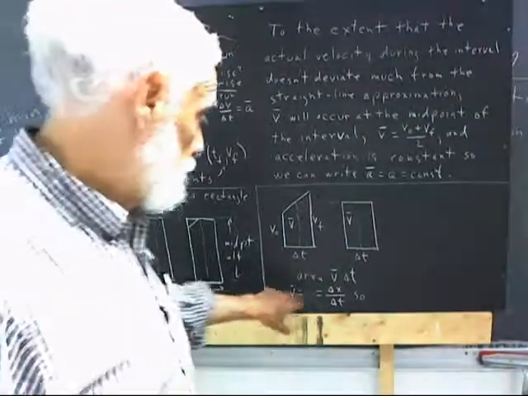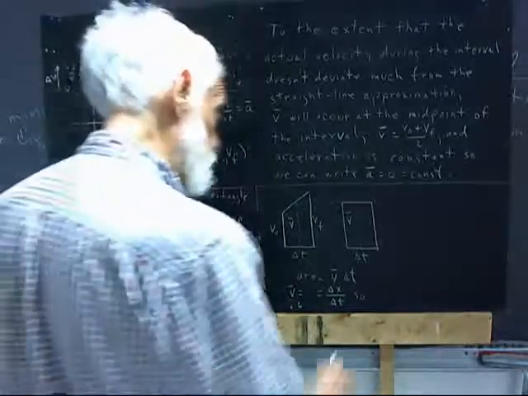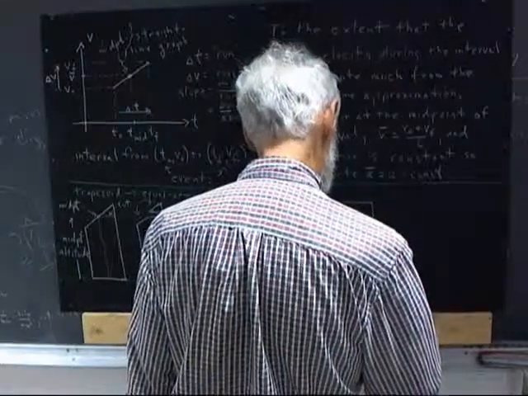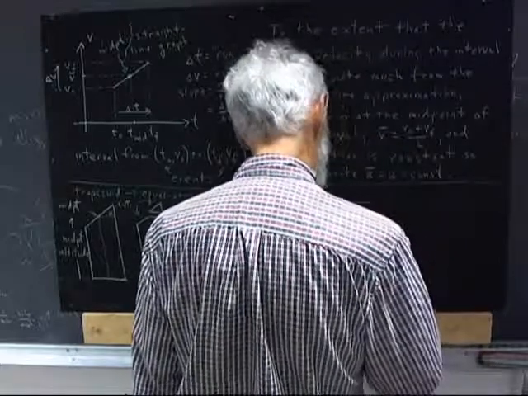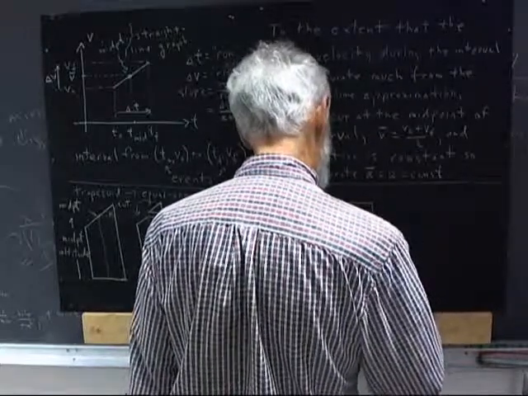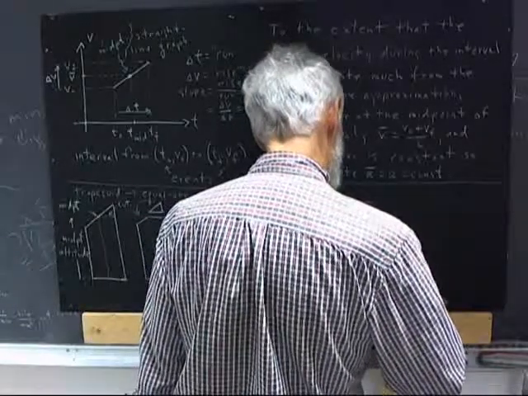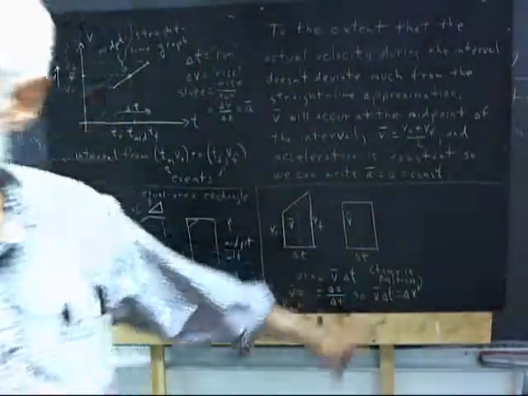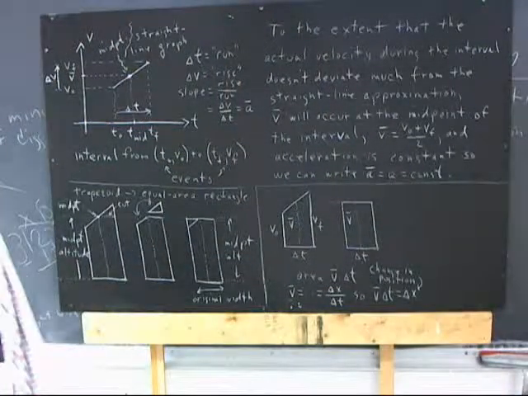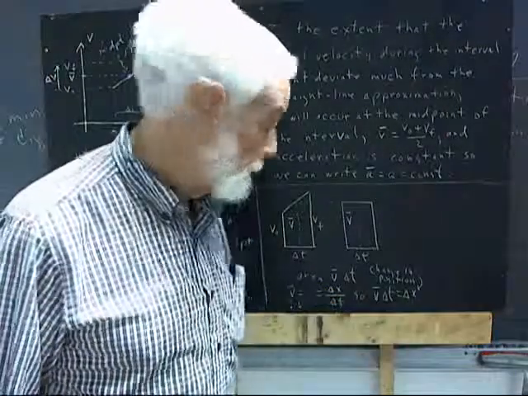And from this fact that V bar equals delta x over delta t, we conclude that delta x equals V bar delta t. And that's the change in position. I'm sorry, my writing's kind of bunching up here a little bit, but delta x is your change in position, which we call the displacement.